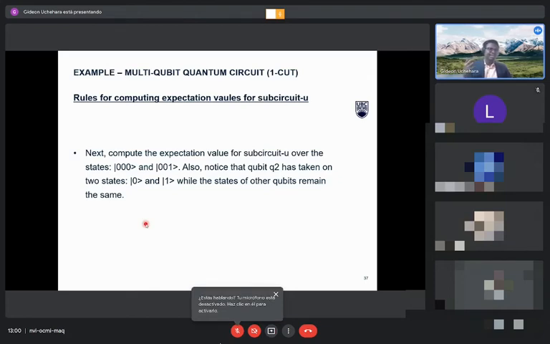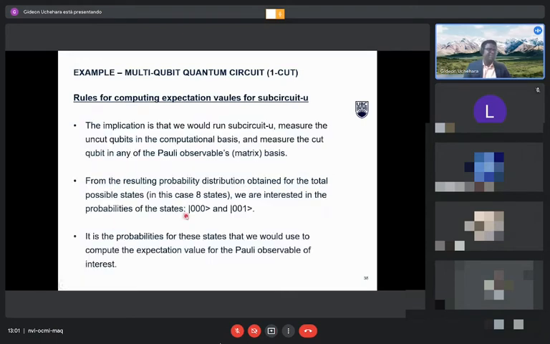Because it can take either, we have to compute the expectation value over these states, 0, 0, 0 and 0, 0, 1. Also, notice that qubit 2 has taken on 2 states, the 0 state and also the 1 state. So we have to take note of that.